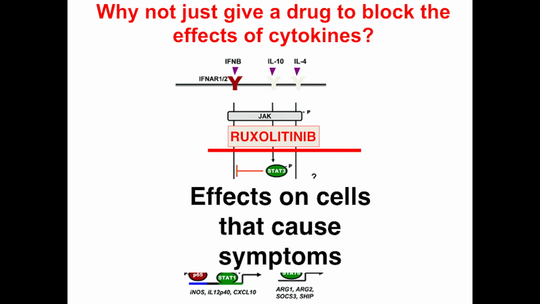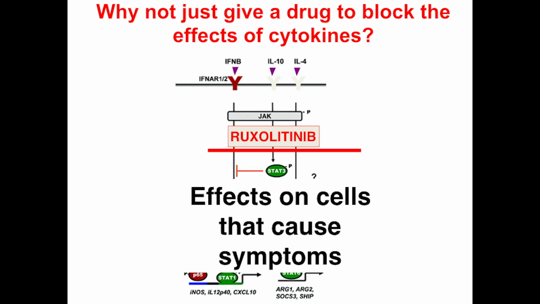And how they act on cells is they bind to the cell that they're going to cause damage to, and then they activate a family of proteins called JAKs, which basically cause the effects on cells throughout the body that are responsible for symptoms. So why not just block the JAKs? And so there is a molecule called ruxolitinib, which is a kinase inhibitor, it's just a drug that you can take.